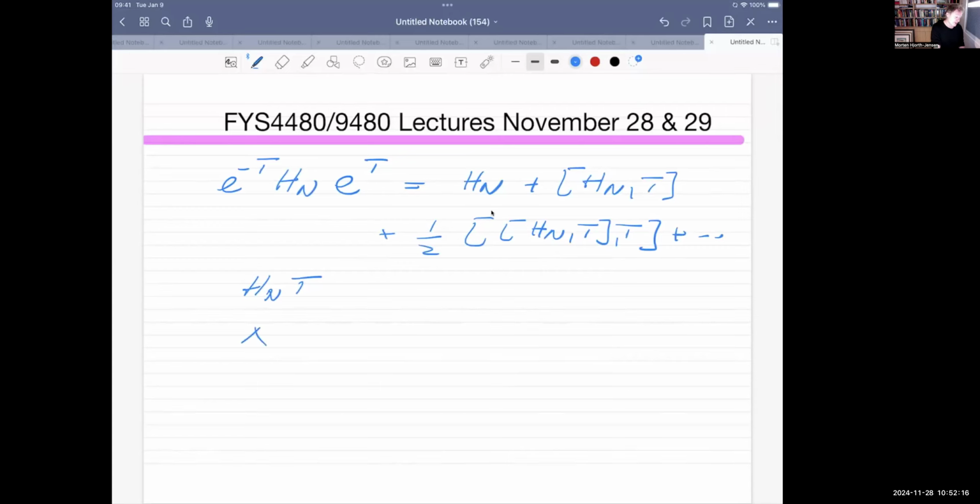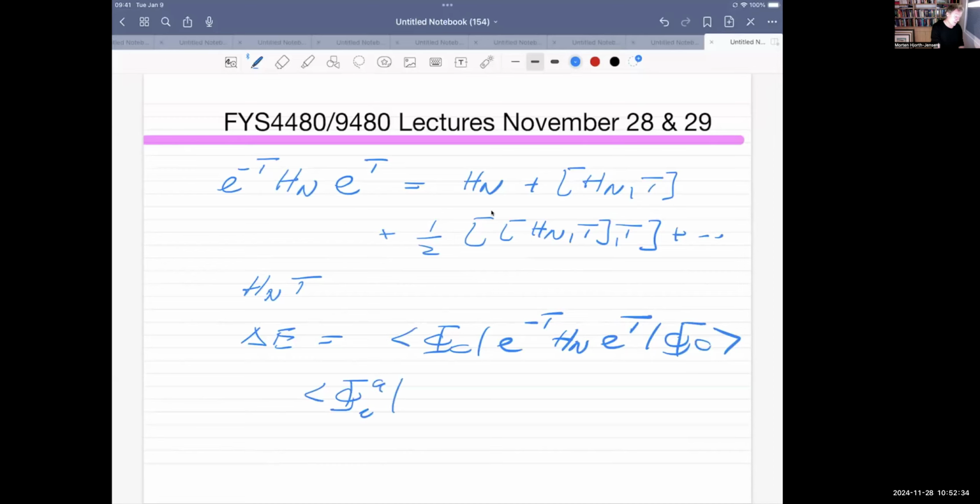This correlation energy, delta E, is just the expectation value of phi 0, e to the minus T, Hn, e to the T, phi 0. We went through the derivation last week. Then we have the other equations, where we have phi IA multiplied with e to the minus T, Hn, e to the T, phi 0.